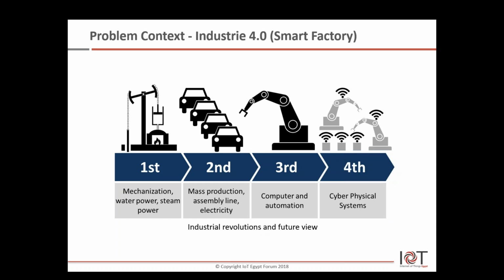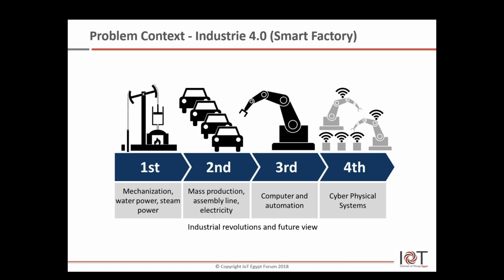So we are talking mainly about manufacturing technologies. It includes cyber physical systems, the connected systems in the factory, the Internet of Things, of course, cloud computing, and cognitive computing, or AI.